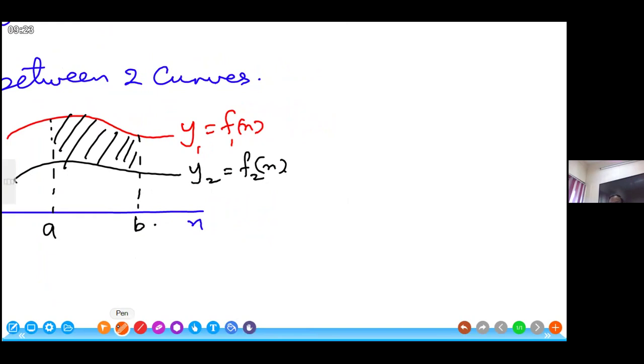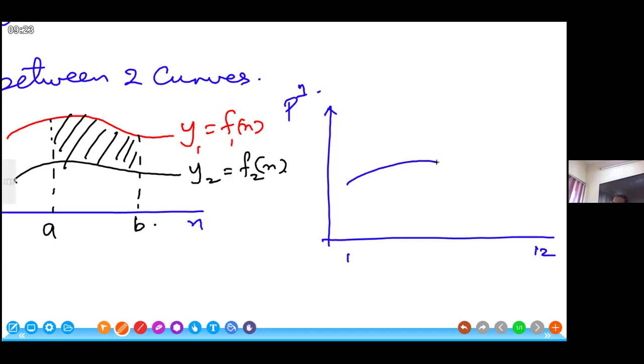Let's say this is again from 1 to 12 months. This is production, let's say rice production. This is my production, Y1 equals F1(x). That is my rice production.